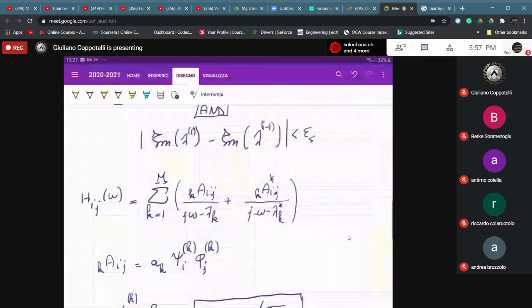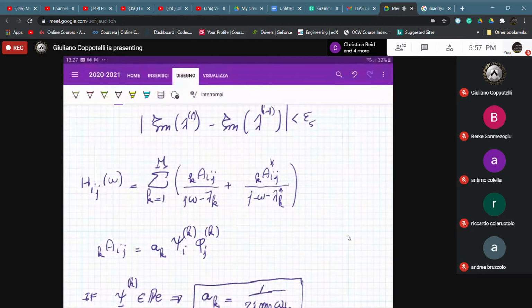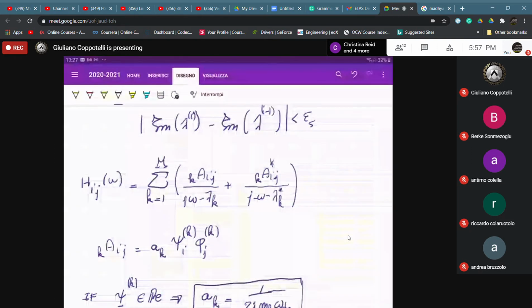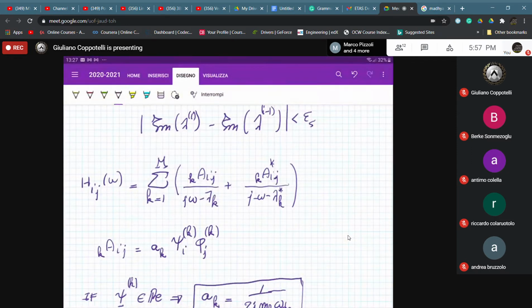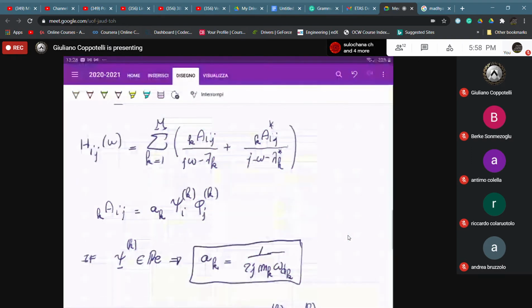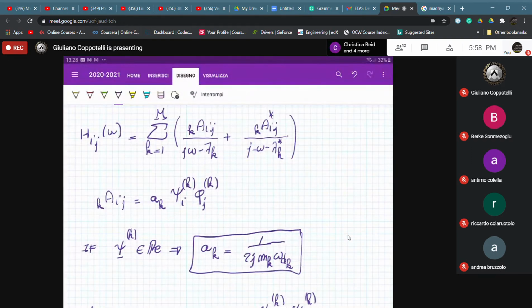What does it mean? By considering that equation, the typical relation between the response and the modal model, now we know the left-hand side because we know the FRF, and we know the poles because we have just estimated your lambda k. So what we have to find out now is the residual terms, and those residual terms are related to the mode shapes you are considering, and that is visible from the equation that I've just written.